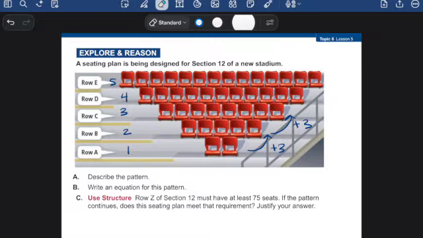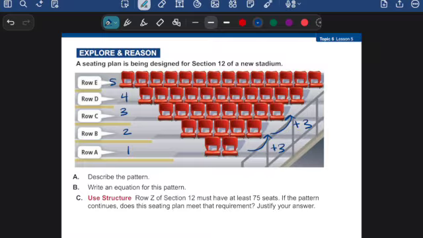So again, we're going to think about sequences. If we're adding over and over again, that means our common difference, or d, is going to be 3. So how did we write our arithmetic sequences? We can write it two ways. We can show the recursive formula or the explicit formula.